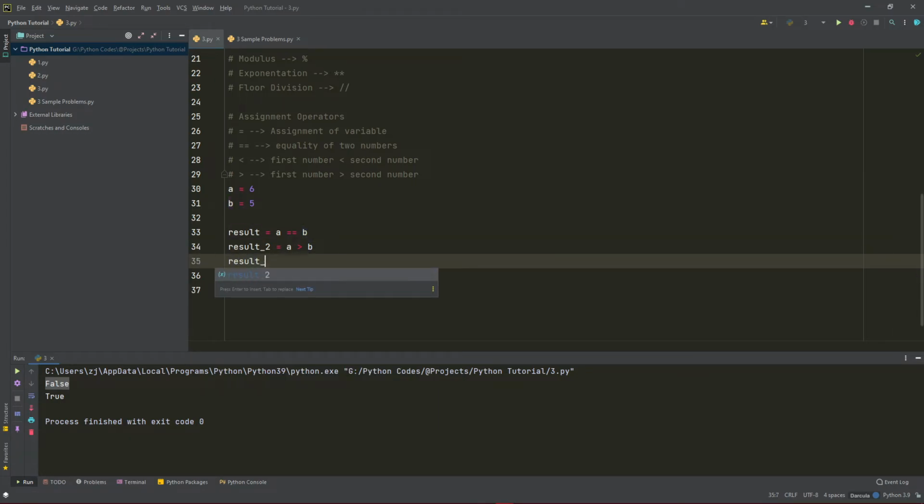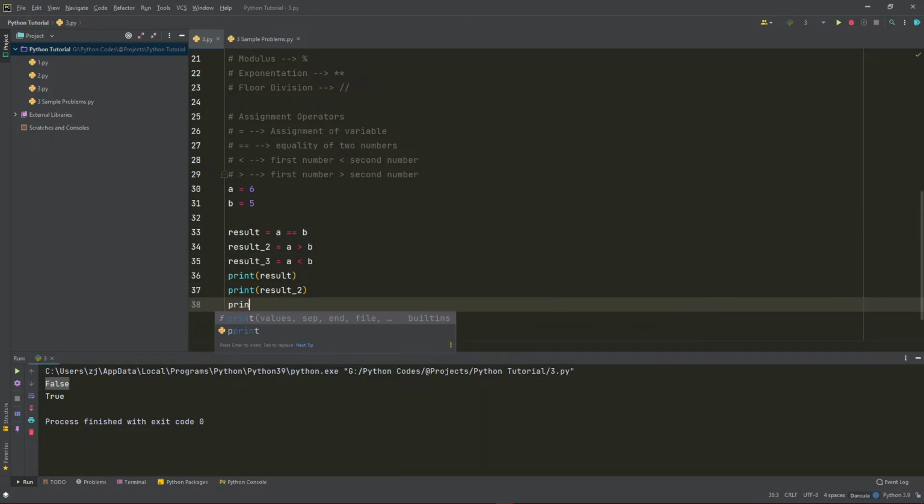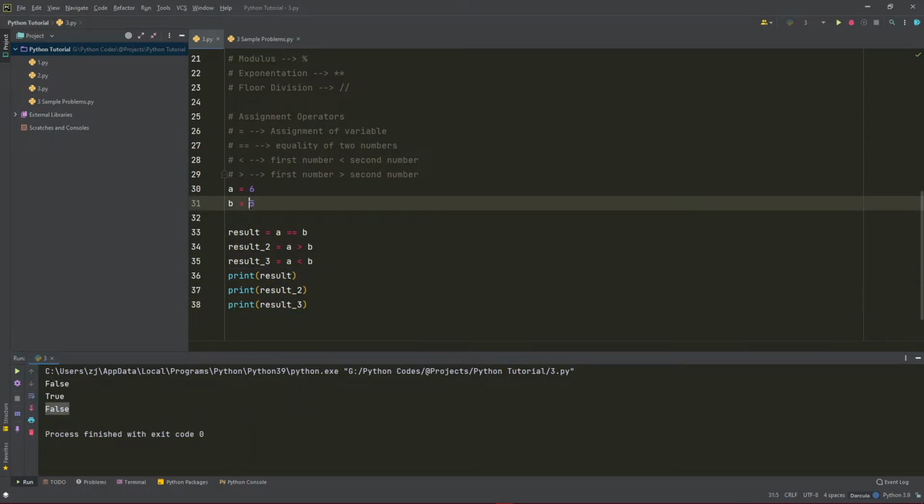Now let's try the less than sign. We have A less than B. Now what will it say? So we have result 3, and this is false because 6 is still greater than 5, which does not satisfy it. So that is how you use the relational operators for Boolean.